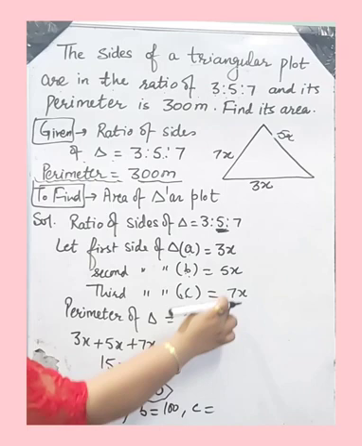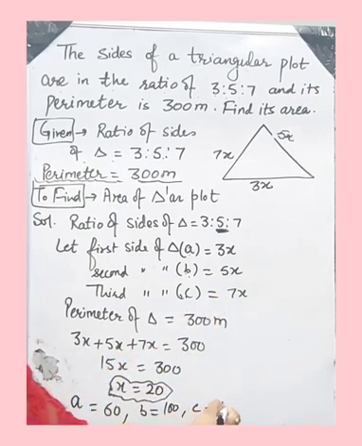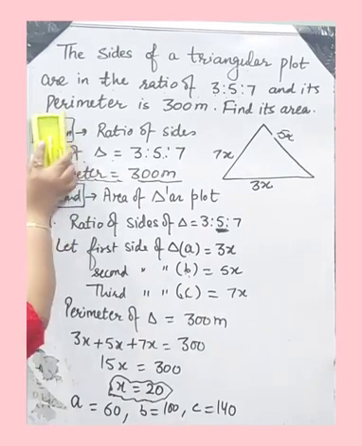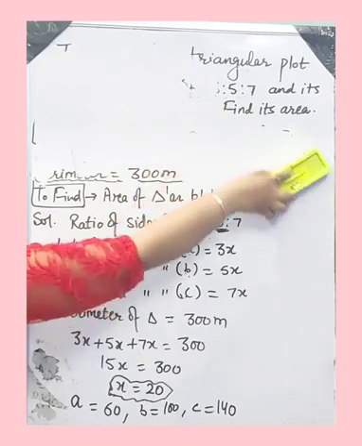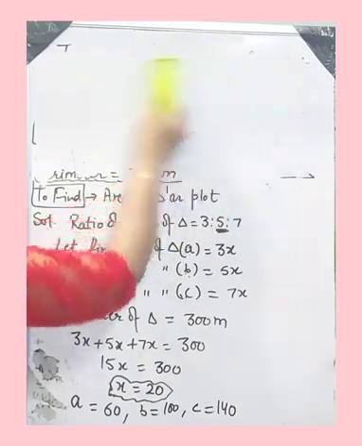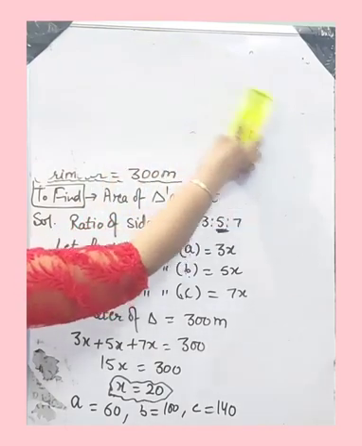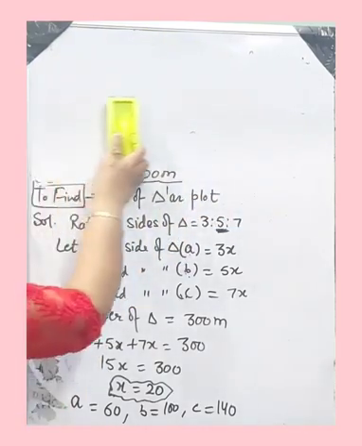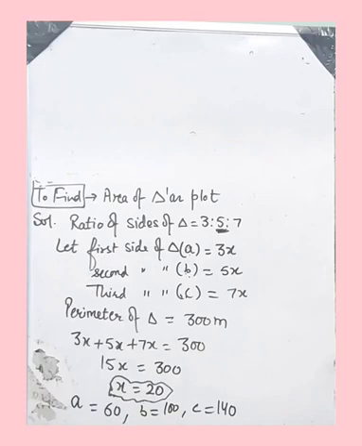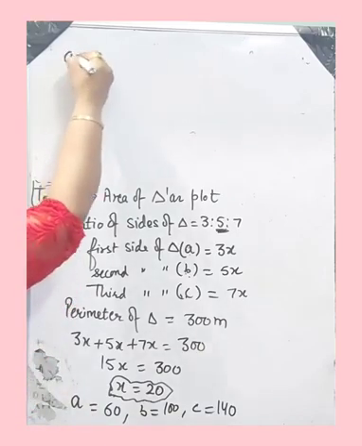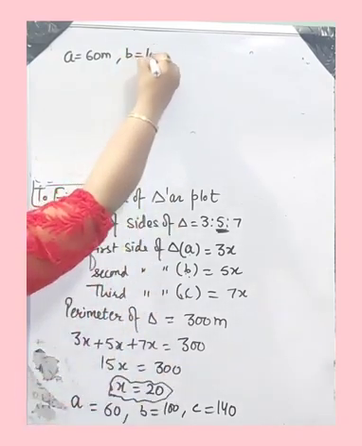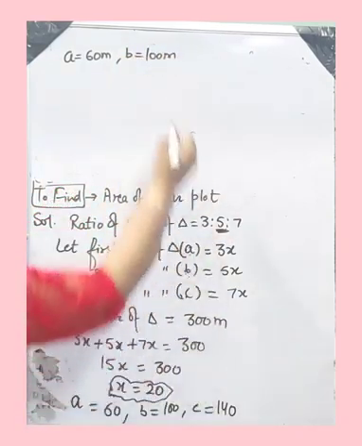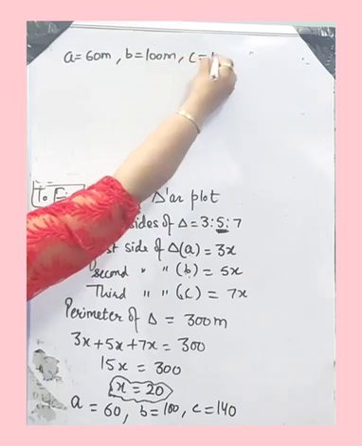And value of C will be 7 into 20 equal to 140. Now value of A equal to 60 meter and B equal to 100 meter and C equal to 140 meter.